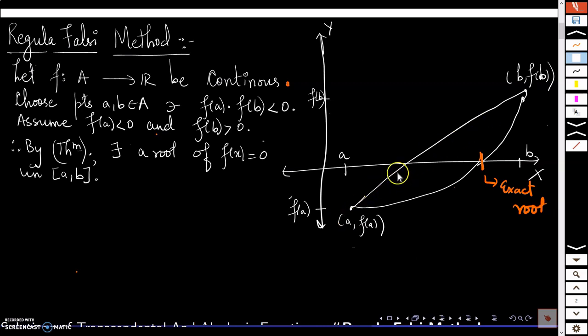Now definitely it is going to cut the x-axis because this point is below the x-axis and this point is above the x-axis, right? Now this point which I get here on the x-axis on this chord lies on the x-axis, so its y coordinate must be 0. It will have some x coordinate, and y coordinate is definitely 0. So I will call that x coordinate, let's say, x1.